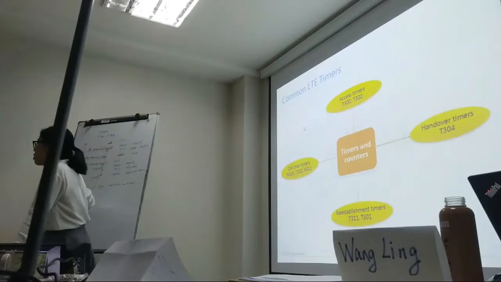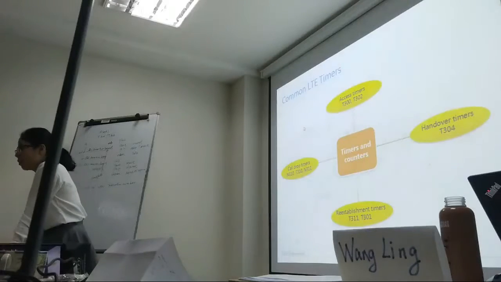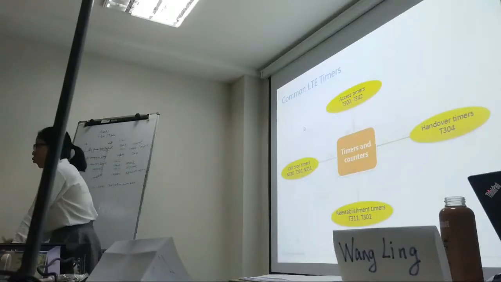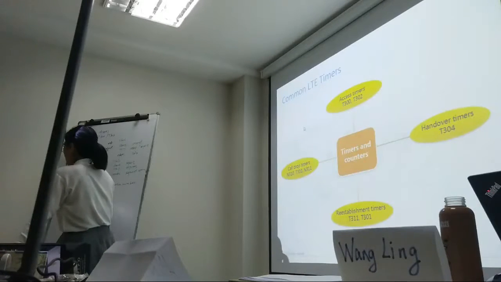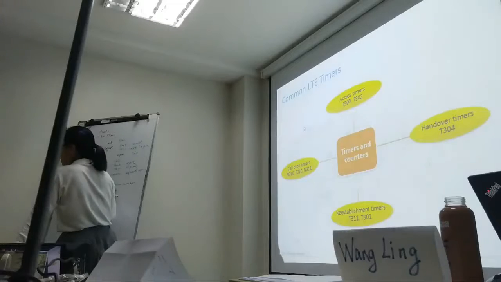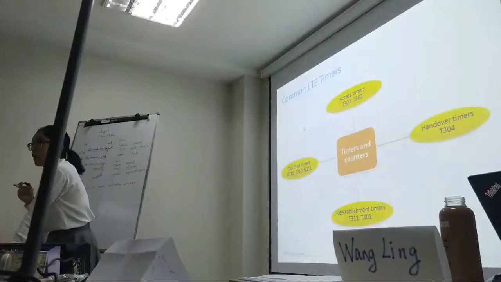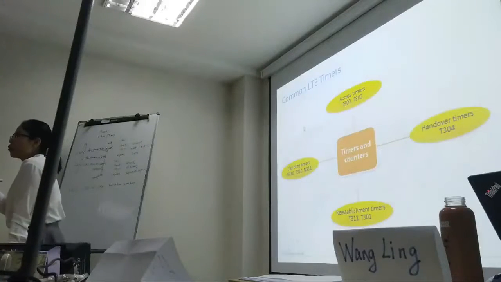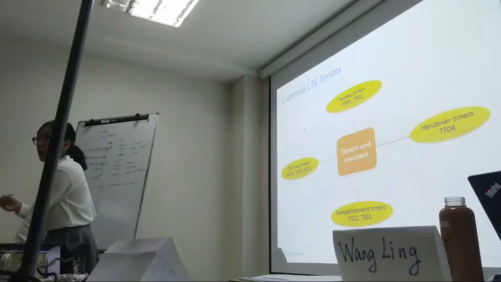For example, this value I set is 1. That means when the UE receives 1 out-of-sync indication, I think my link is broken. But maybe it will recover by itself, so I need to give it some time.